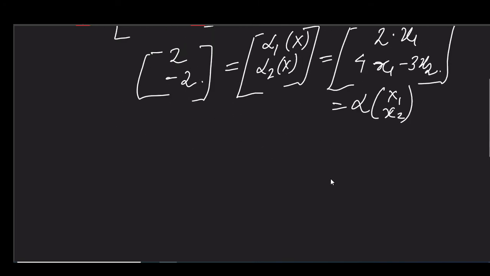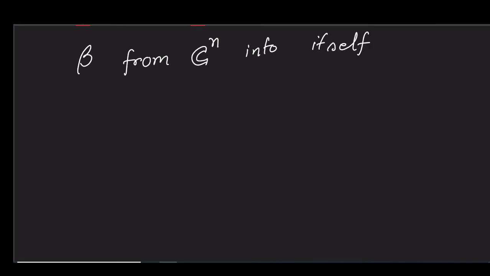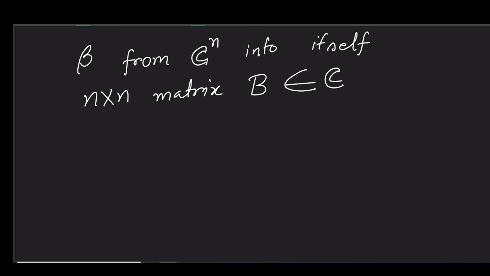Now another thing is that we can write every linear mapping beta from Cn into itself, and associate it with an n cross n matrix B belonging to C n cross n.